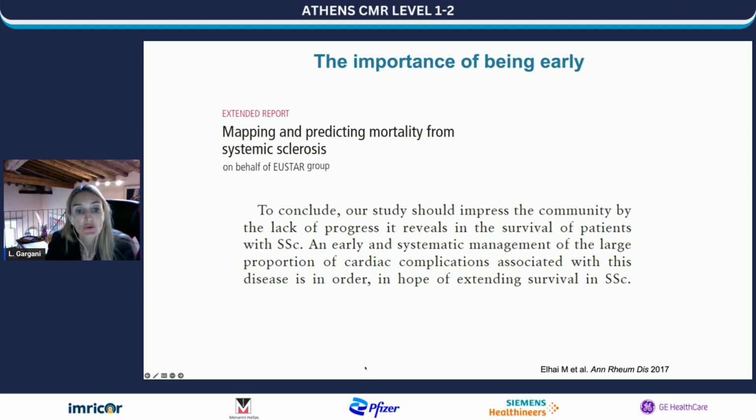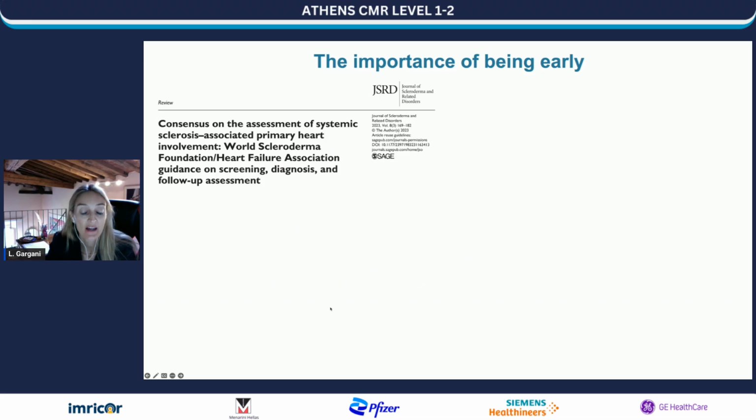And there are two elements which are absolutely important here. The first one is that we need to be early. And the second one is that we need to be systematic, because we have seen that it's not only a strictly cardiac involvement here, but the overall cardiovascular system needs to be addressed. And since we need to be early, we need to do something that has to be done with a kind of screening.